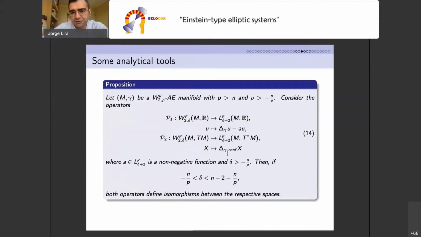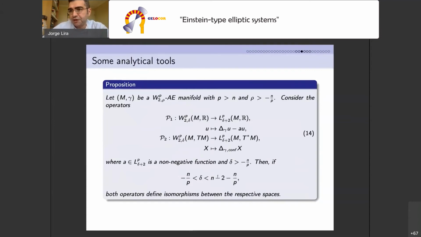So that's the operator you have, and you can guarantee that if you choose the weights in the Sobolev spaces according to the decay of the metric in terms of the rate of approximation of the metric to the Euclidean one, if you choose the weights in that suitable way, then you can see that both operators are isomorphisms between these two Sobolev spaces.